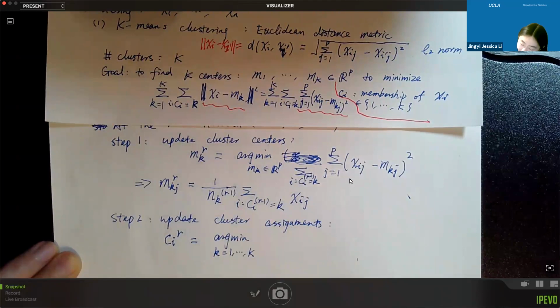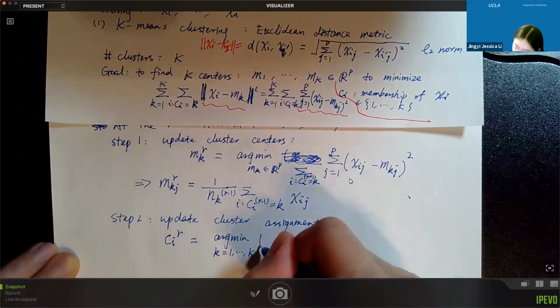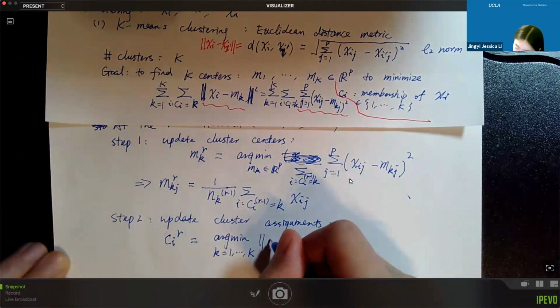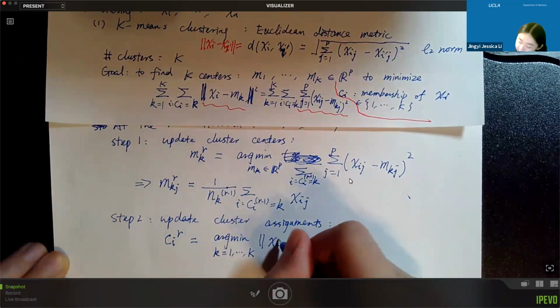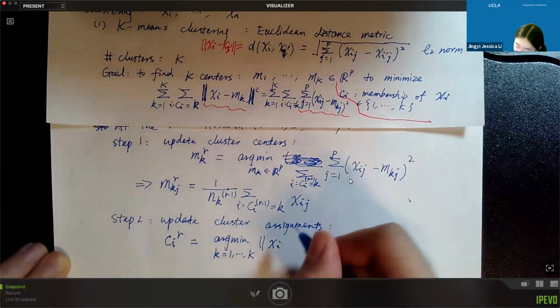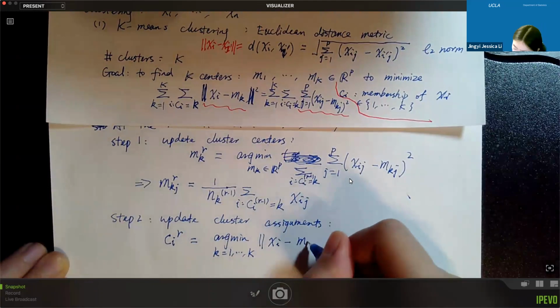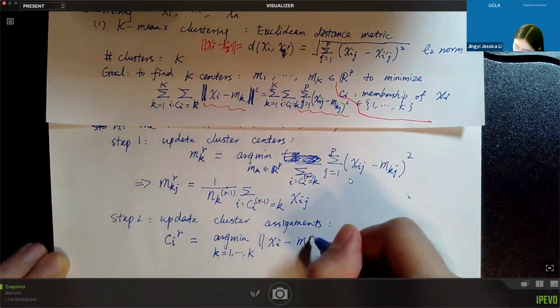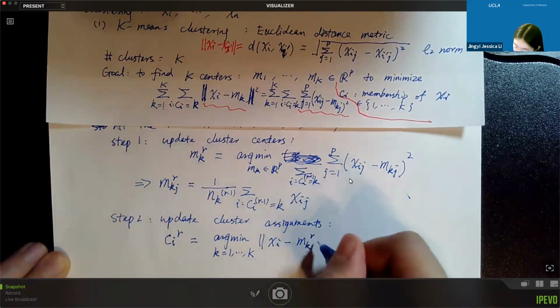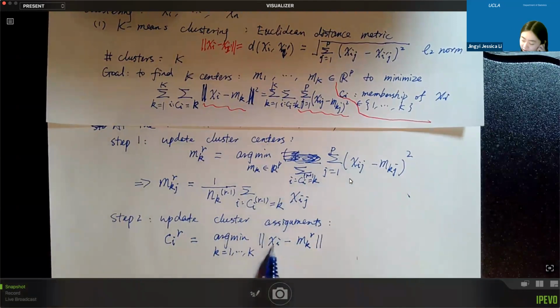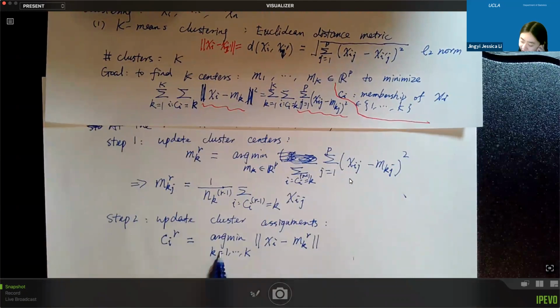And I compare the distance between xi, that's the ith data point, and each of the cluster centers k from the previous step. So whenever the k makes this the minimum, I return that k, and I call that the new cluster assignment of my observation.